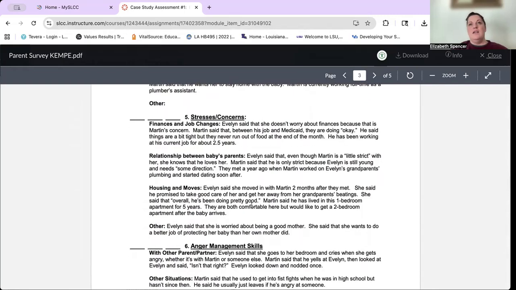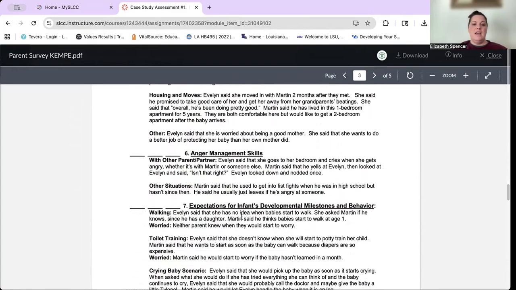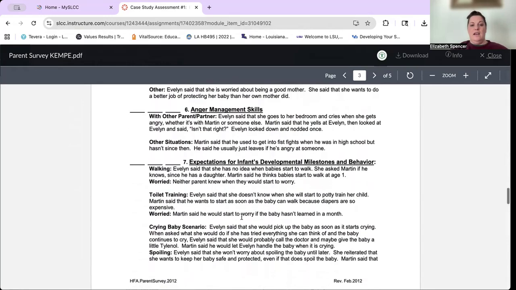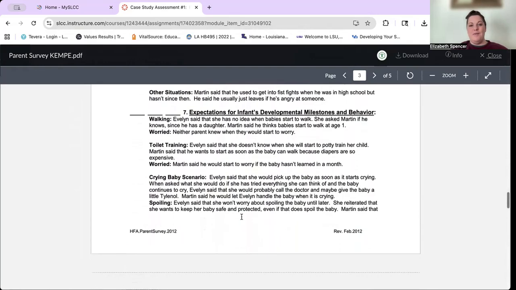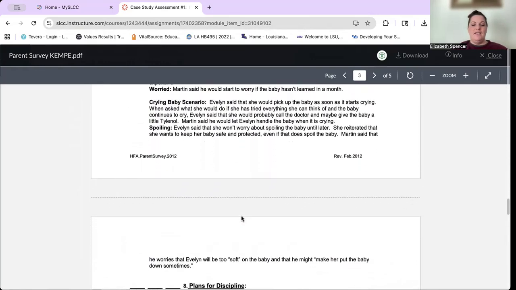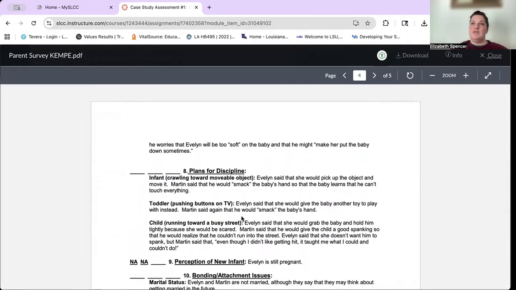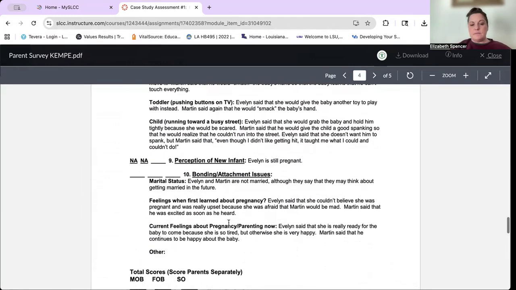Think about what finances look like, job, housing, that sort of thing. You're going to have information from almost every aspect of their life to draw from and to make sure you hit all those bullet points that are part of the assignment.